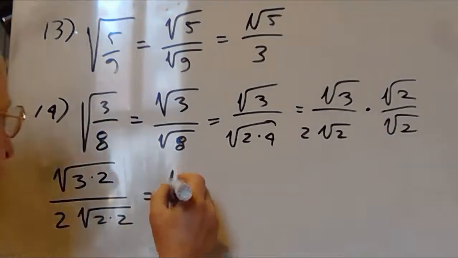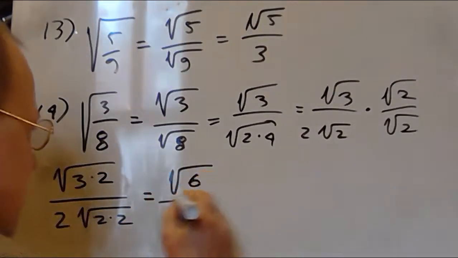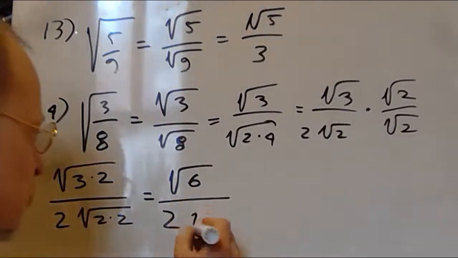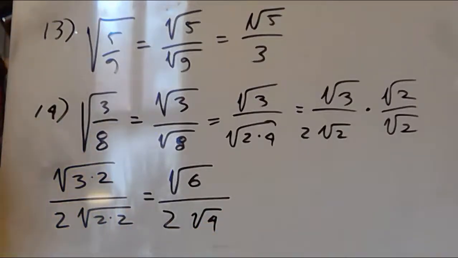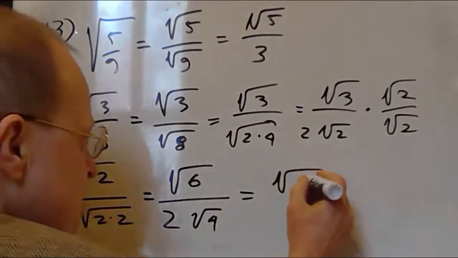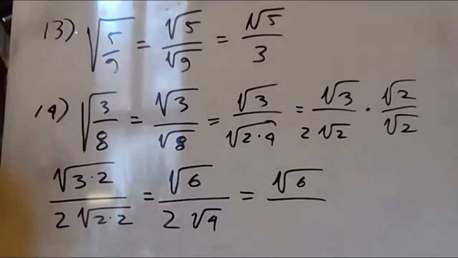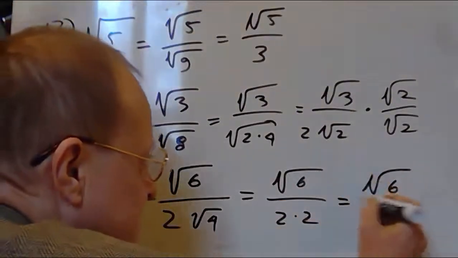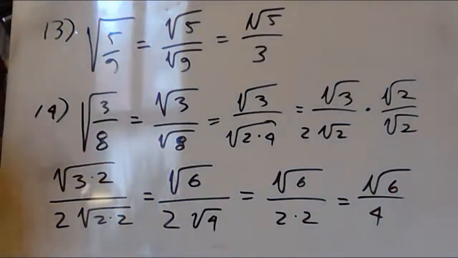So that's going to give me the square root of 6, and then the 2 times square root of 4. Well, we know the square root of 4 is 2. And then it's going to be 2 times 2, so there we get square root of 6 over 4. So this is one clever way to do it. Of course, you can rationalize the denominator just going straight out to the 8, but eventually it'll simplify to this form.